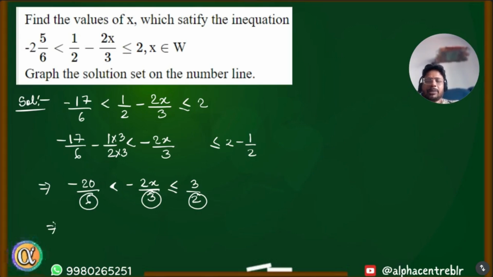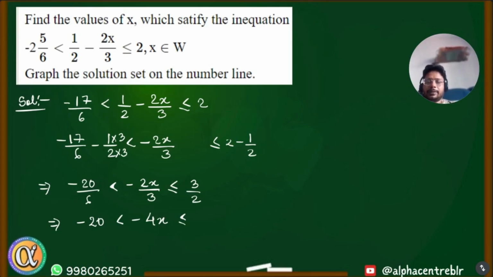So multiplying by 6, the first term 6 and 6 get cancelled, so -17 becomes minus 20, then 6 twos are 12, so minus 4x, and this again with 6 gives 9.